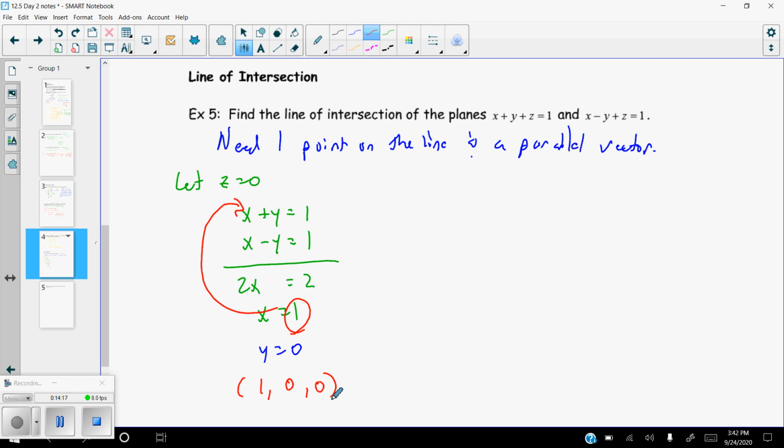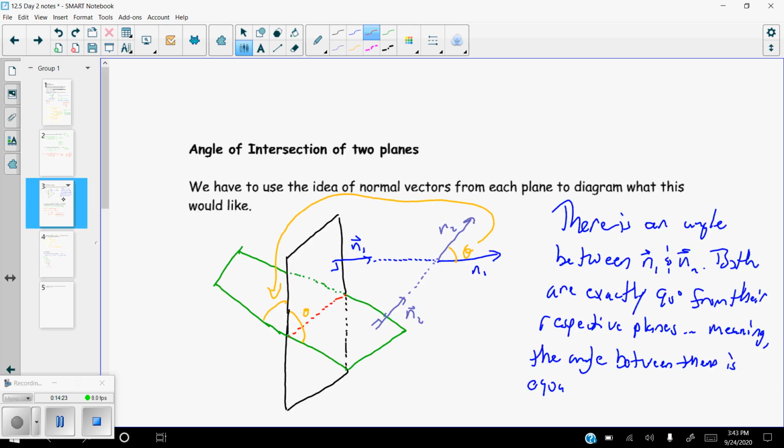Now what we need is a parallel vector, and this is where I'm going to go back to the drawing on the previous page. Taking a look at this specific sketch right here, if I had those two normal vectors, n1 and n2, and I were to cross n1 and n2, I'm going to get a vector which is perpendicular to both.